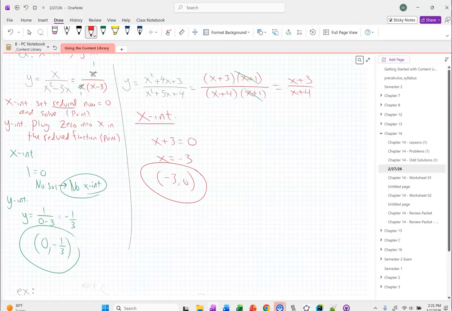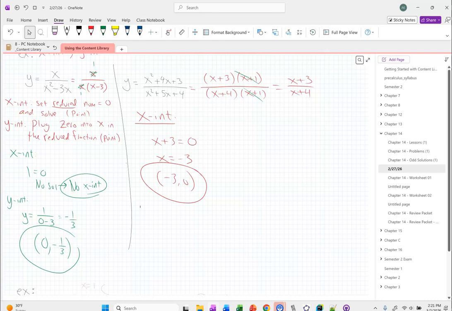Okay. And this tends to be the way I like to separate out the test: not every problem is going to be 'give me all the key features,' but rather, here's a problem, give me this specific feature. Here's a new problem, give me this specific feature. Because if you muck up one problem, everything is going to be wrong. If you factor something wrong, every part of it's going to be wrong afterwards. So I try to separate them out.